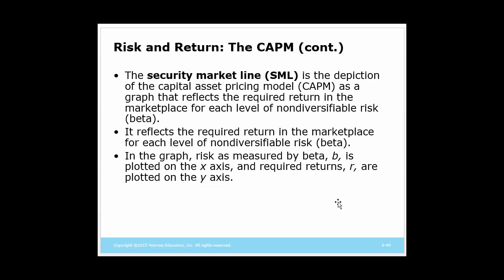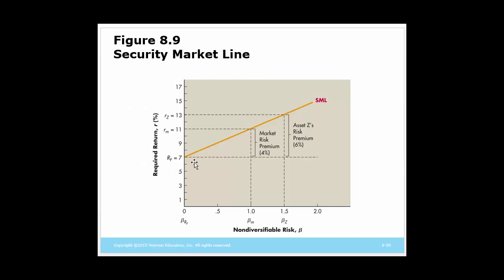Again, we talked about this formula. It's called the security market line. It gives us a graphical representation of the relationship between the returns of stocks and the betas of stocks. So this security market line, risk-free is at 7. The stock market has a beta of 1, so the stock market has a return of 11. And this is where we find asset Z, right, which has a return of 13%.